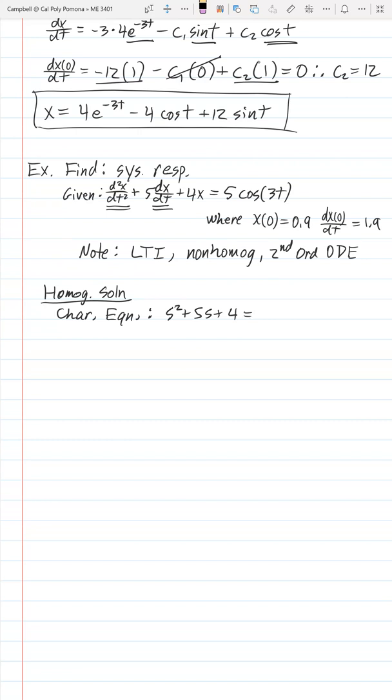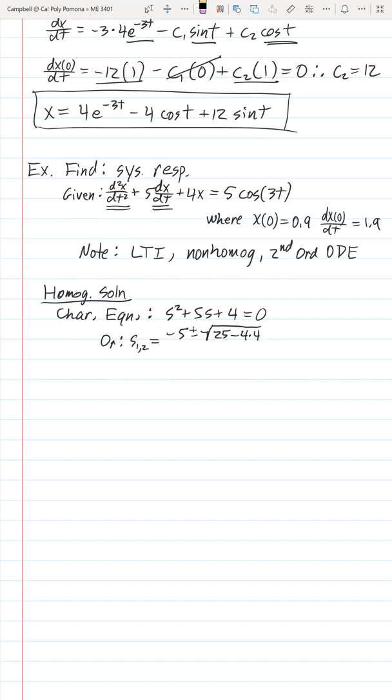And of course, for the characteristic equation, we're trying to find the roots, so that's equal to 0. So going ahead and substituting into the quadratic formula, we get s1,2 is equal to -5 for the middle term, plus minus root 25, because we take that 5 and square it, minus 4 times the first coefficient 1 times the last coefficient 4.